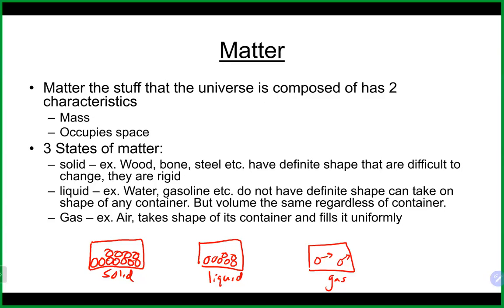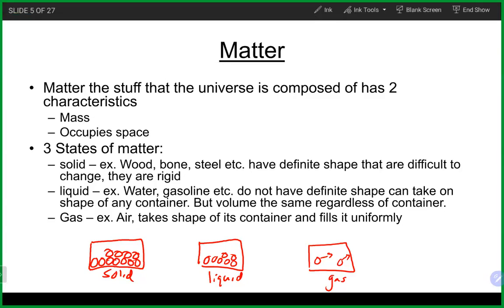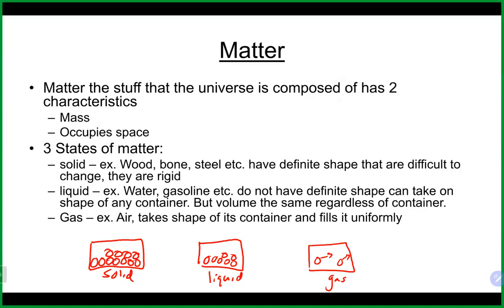I think we also touched upon this earlier, but just to review here, as we go from one state to the next, as we go from solid to liquid, that is the process of melting. As we go from liquid back to solid, that is freezing. Taking our liquid to our gas, that is evaporation or vaporization.